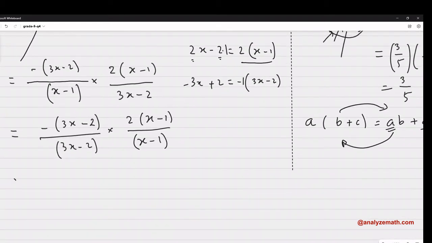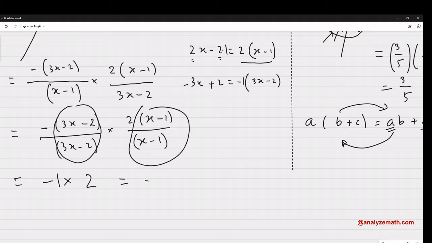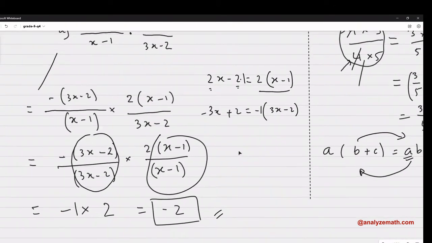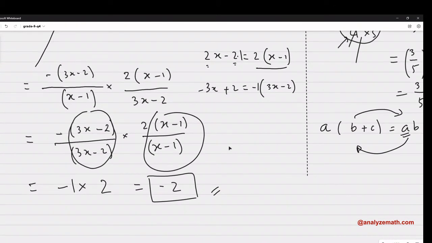Now this gives me 1 and then minus. Now this gives me 1. I'm left with 2. So this is negative 2 altogether, the final expression of the given expression in part A. Now, of course, in practice, you can just go here and say, okay, this simplifies with this, simplifies with this, and then you will have the negative 2.